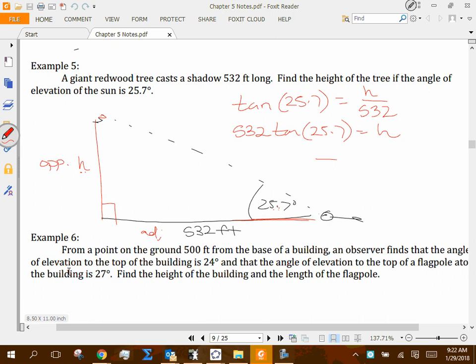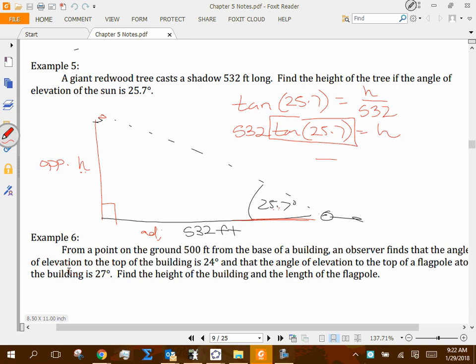We could do that. But what I want you guys to understand for the most part is that 532 times tangent 25.7 is a number. Tangent 25.7 is a symbol. This is a symbol for, I think it's like 0.4 something, maybe. If I type in my calculator tangent 25.7, it's going to spit back another number that it's actually representing.